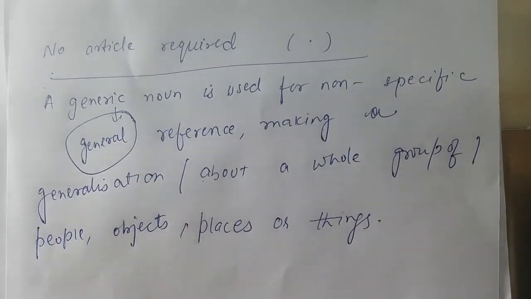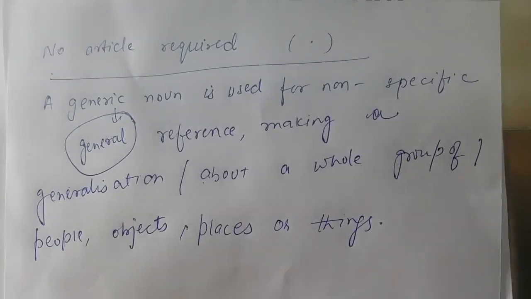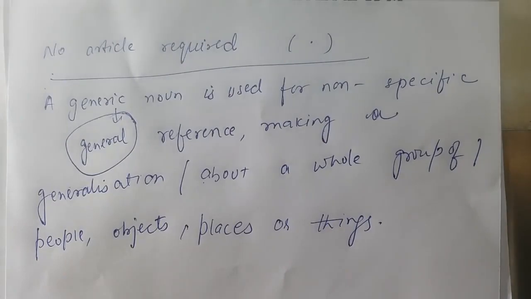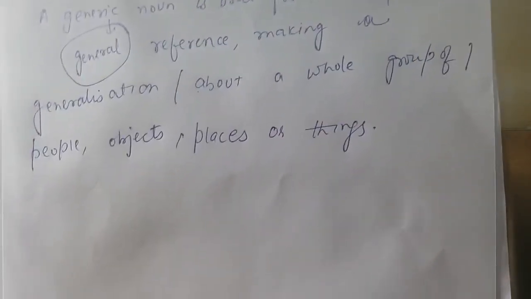So this is the definition of a generic noun. It is related to a whole group of people, objects, places or things, so there is no article required in front of them.